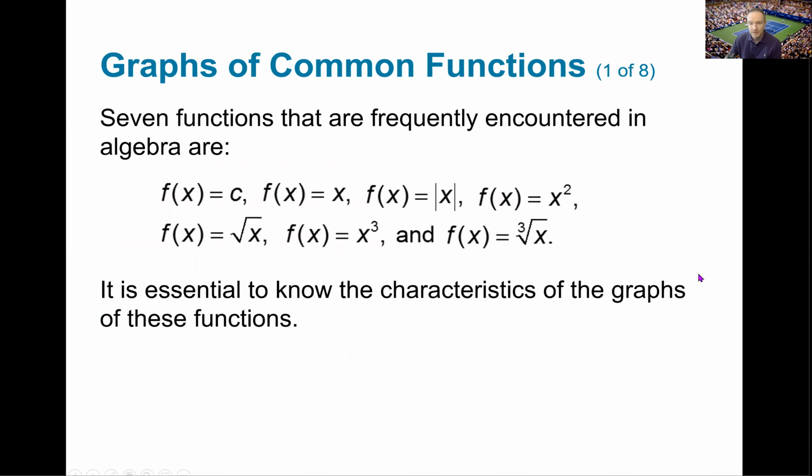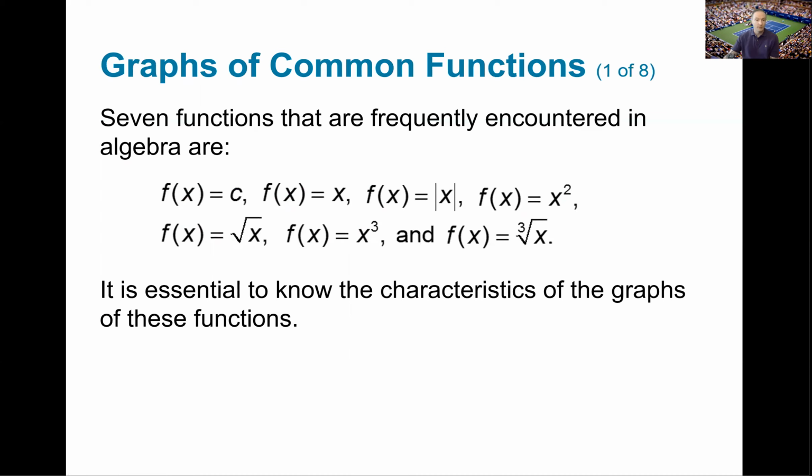First up here, I want you to be very, very familiar, if you're not already, with the graphs of a constant function. If I say f of x is just equal to some number c, like that could be y equals 5, y equals 3, y equals 2, we know it's just a horizontal line. f of x is equal to x. That's just our slope-intercept equation.